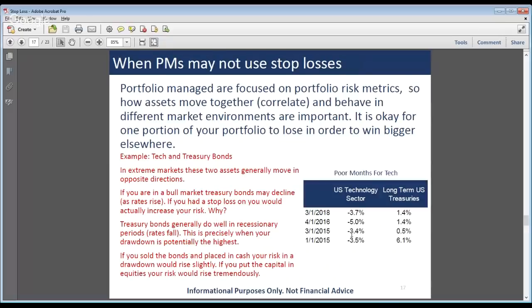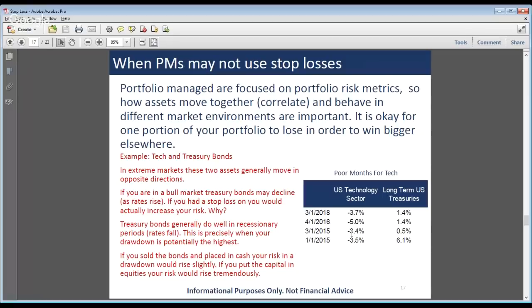So what about when portfolio managers might not use stop losses? I kind of mentioned it a little bit, but again, they're very focused on portfolio level risk. In order to do that, you have to understand how assets move together. Do they zigzag? Does one go up while another goes down?